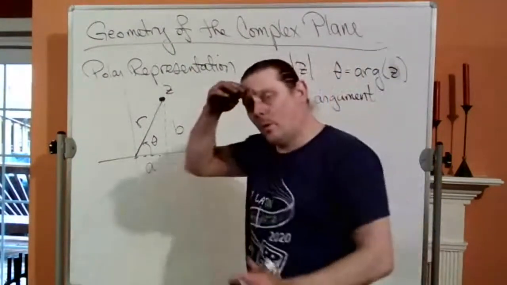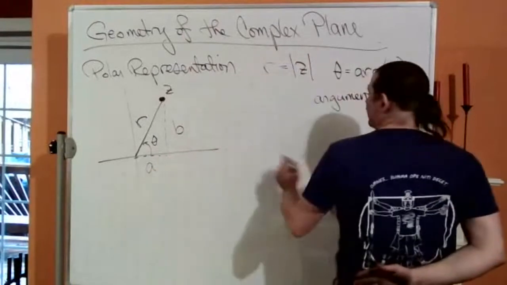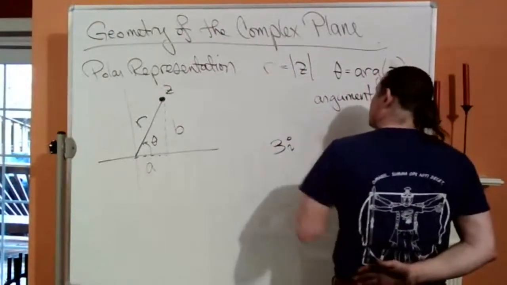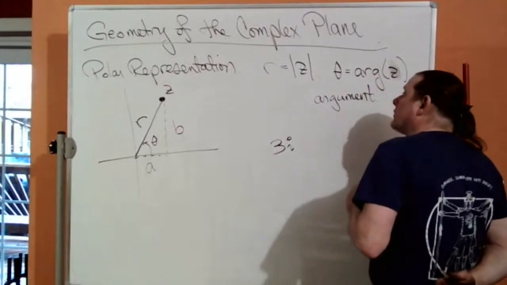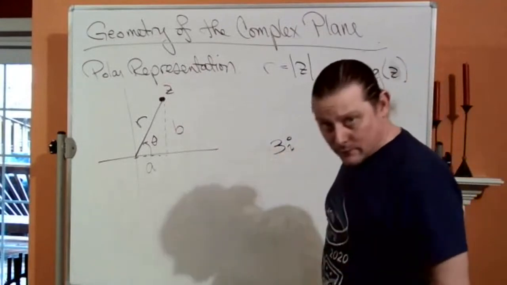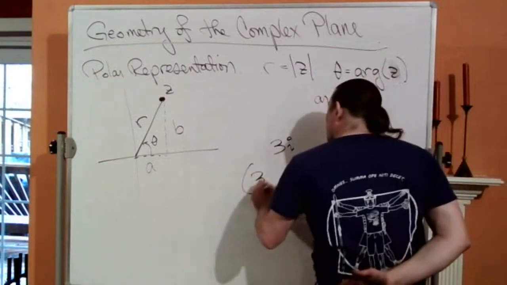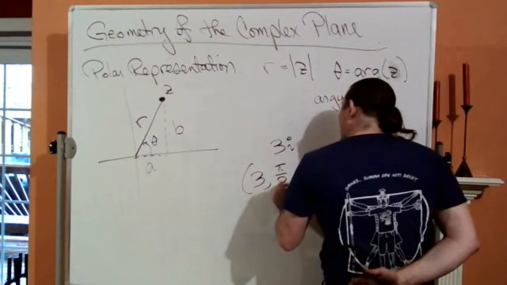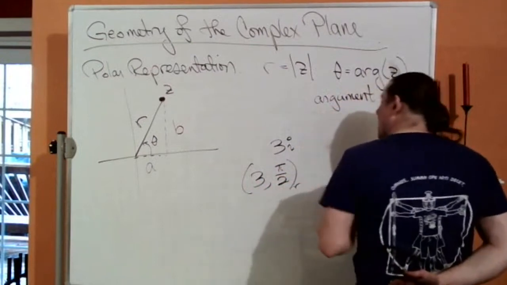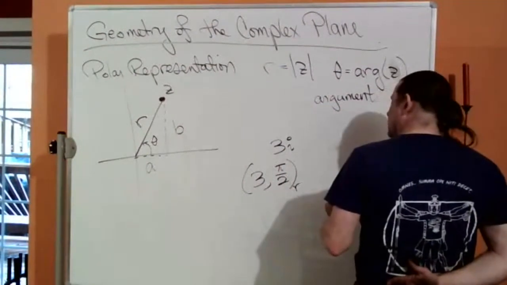So for example, you can imagine the point 3i. 3i could be thought of, when we first learned polar coordinates, as (3, 3 pi over 2). I'm going to put a little r when I'm looking at polar coordinates.